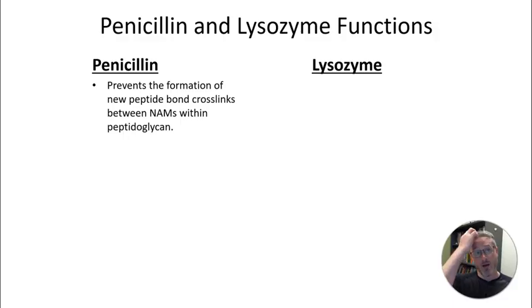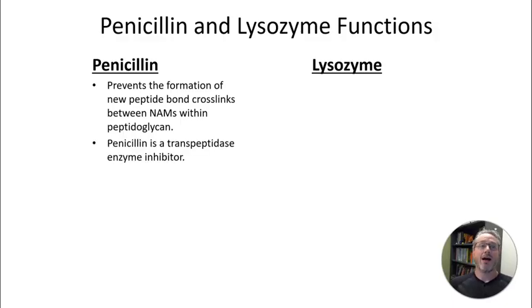So penicillin prevents the formation of those new peptide bond crosslinks between the NAMs within that peptidoglycan structure. We identified that penicillin is a transpeptidase enzyme inhibitor, and that when penicillin is present and able to inhibit that enzyme, the peptide bonds are missing, right? They're not able to be made, and that results in bacterial cell lysis.